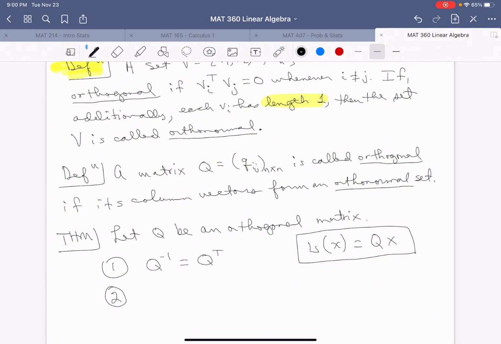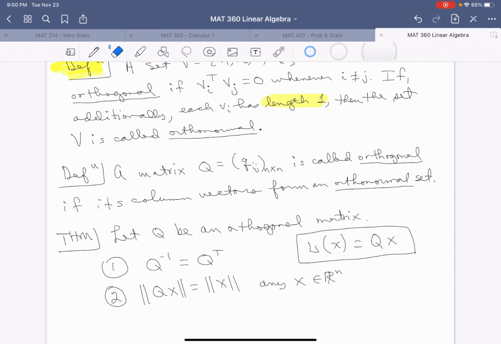So just to write that down, the norm, or the length of Q times a vector x is the same as the length of the vector x. And this is for any x in Rn.